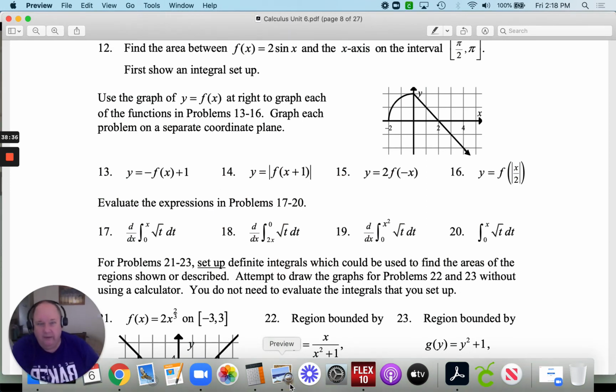The next one is y equals 2f at -x. Again, the same points, so I'll show you the setup. Really the key is to understand how to transform points. Do you see the transformation in front of you?